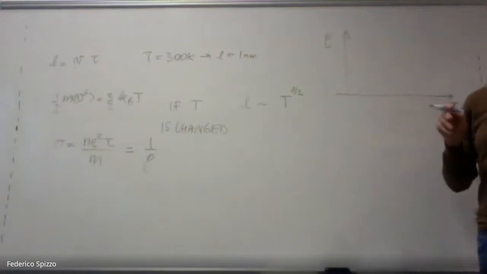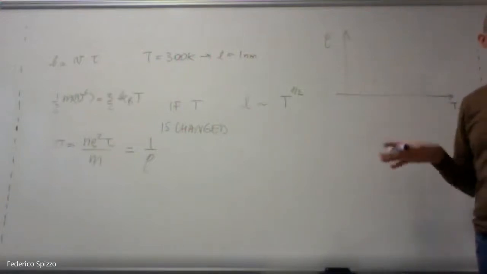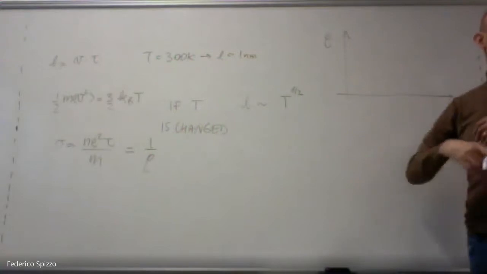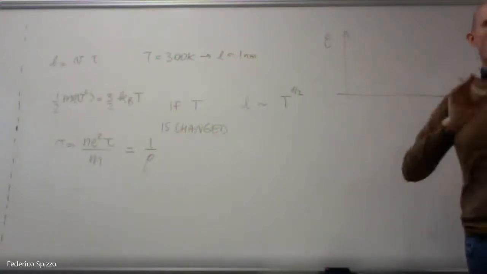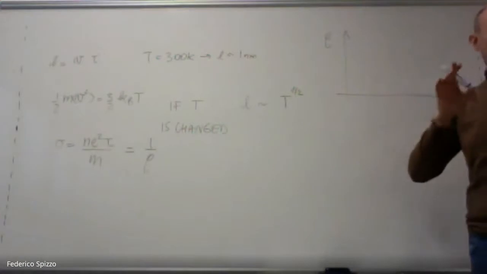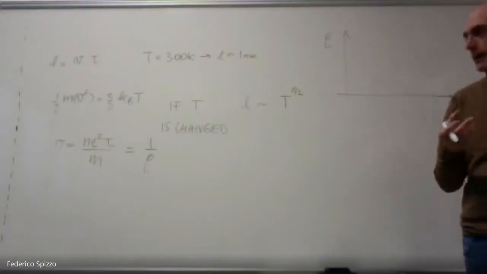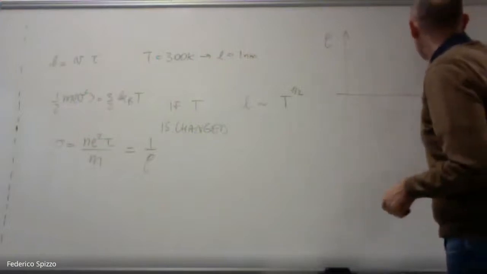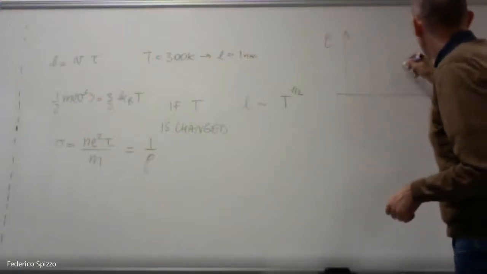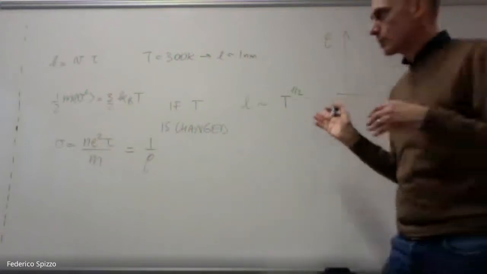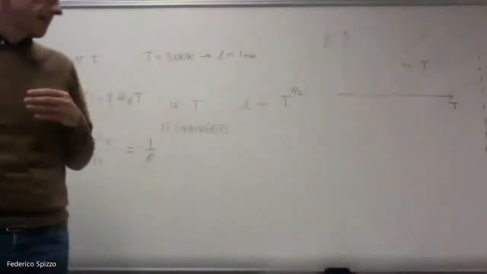If you consider a pure metal, where pure metal means no defects, no distortion of the lattice, so no problems concerning the purity of the material and its lattice structure, the resistivity is nearly linear with T. So resistivity is directly proportional to the temperature.